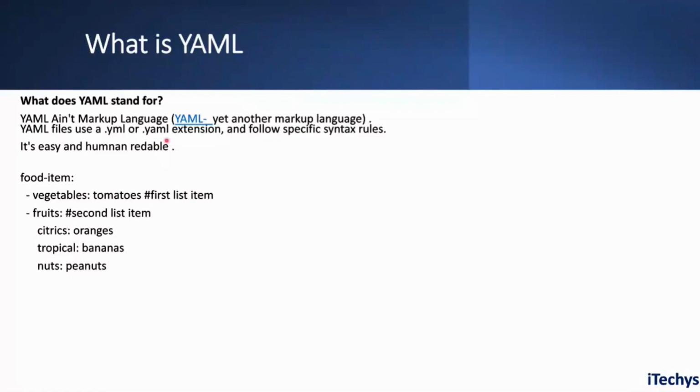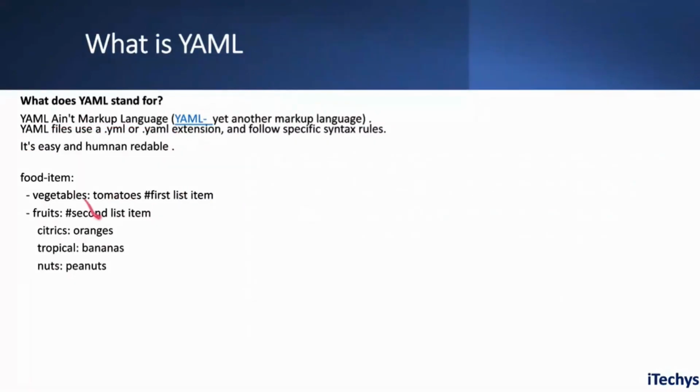You can understand everything. It doesn't have any tags, but it has syntax rules for how to write it. I will let you know later the importance of YAML, why it has become very popular and usable at the moment. As I told you, it's easy and human readable.